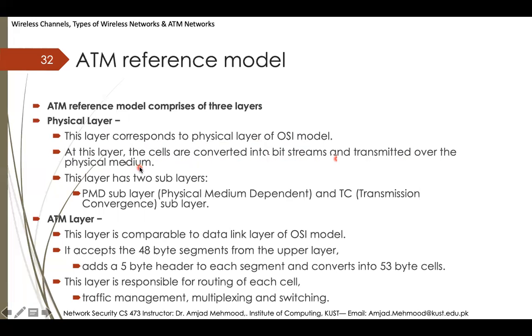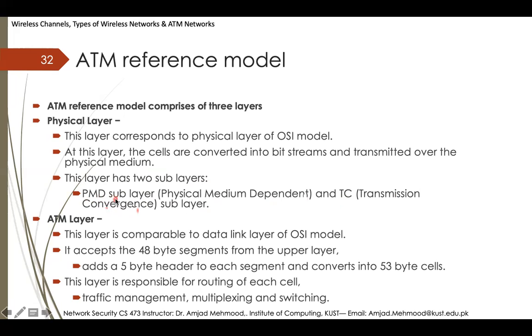So what is the task of this layer? It will take the data and convert it into bits and send it over the physical medium. This layer has two sublayers: the PMD sublayer, physical medium dependent, and the transmission convergence sublayer. So this physical layer is divided into two.